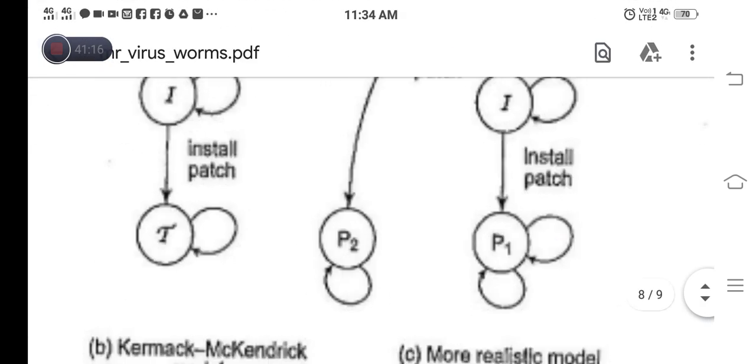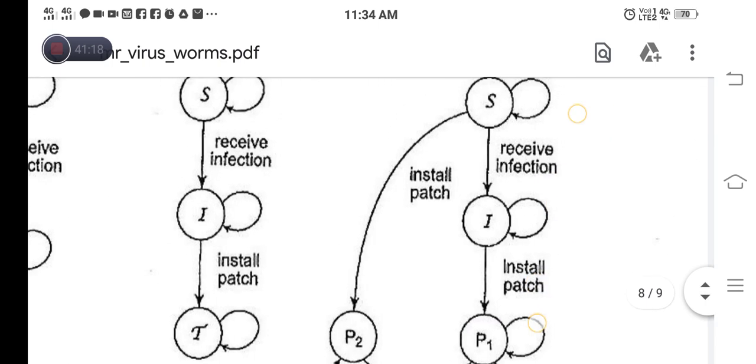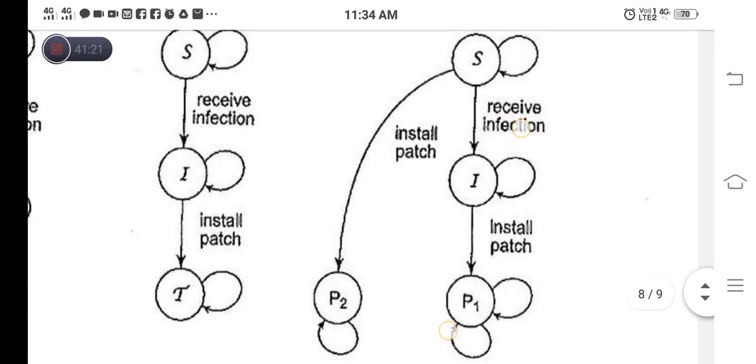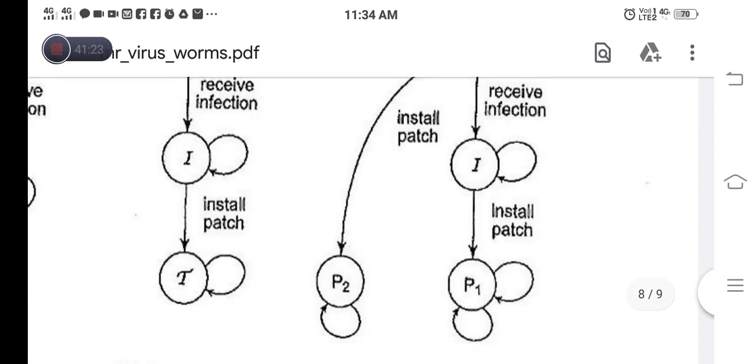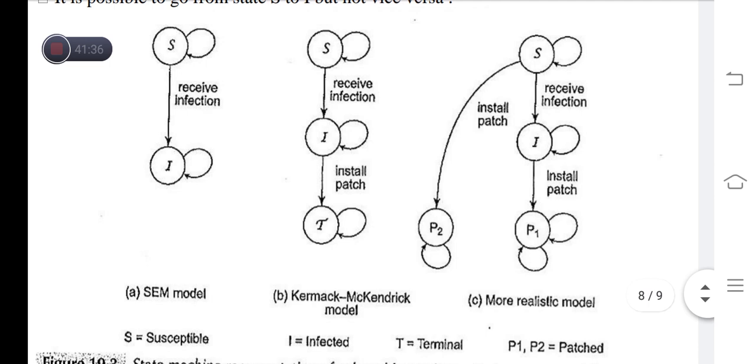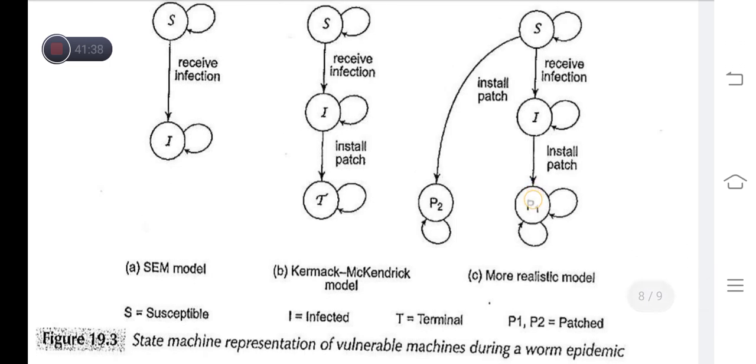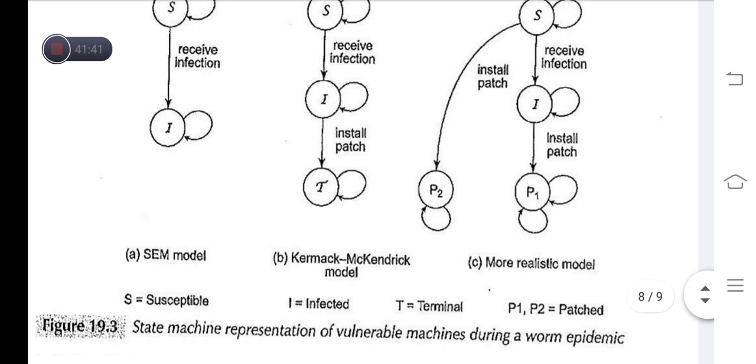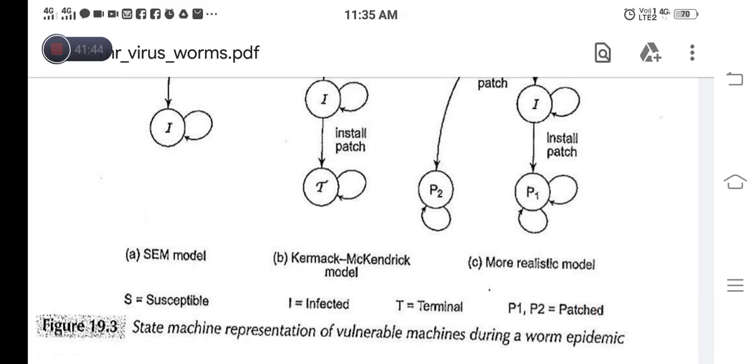That means these infectious machines can be cured, and these machines are not vulnerable to infection again. That is the meaning of the patch here. That is the KM model. P1 and P2 are nothing but patched, telling us the machines are never vulnerable to a Code Red infection.